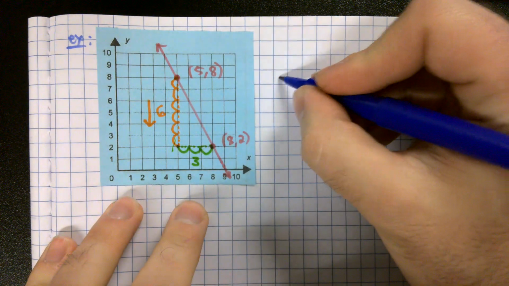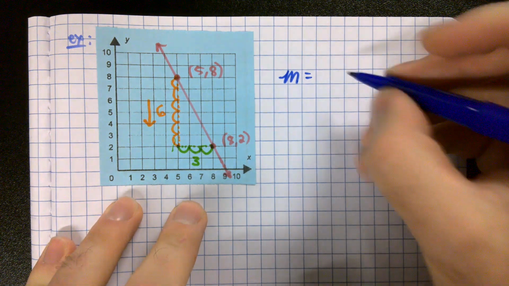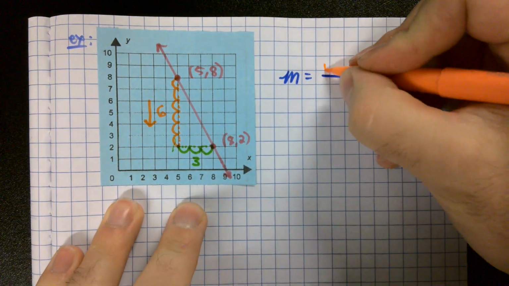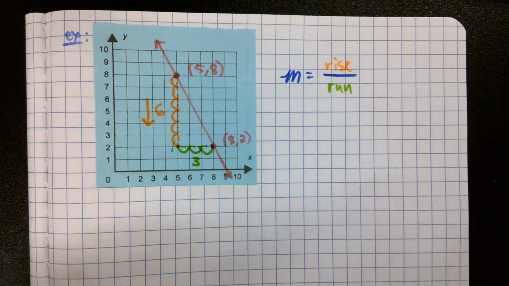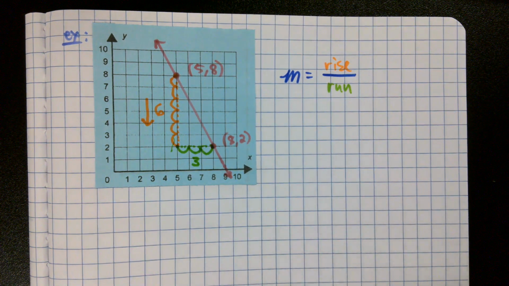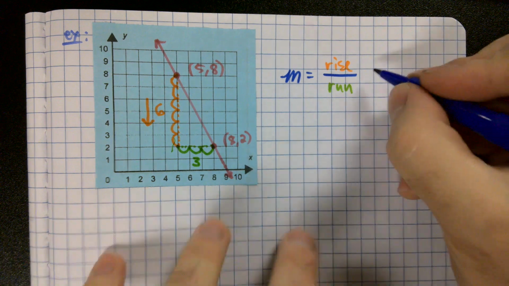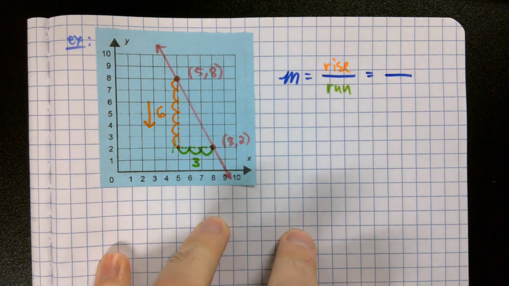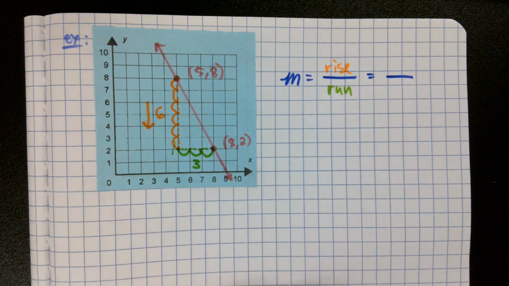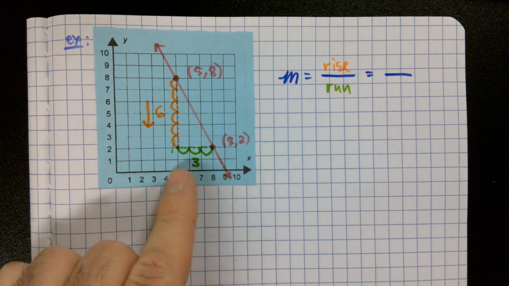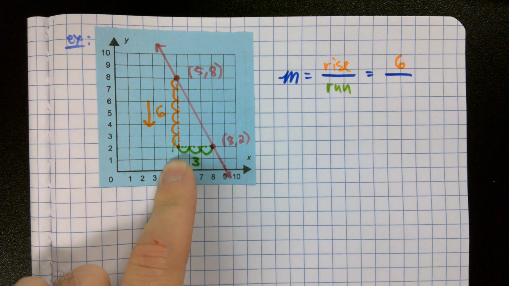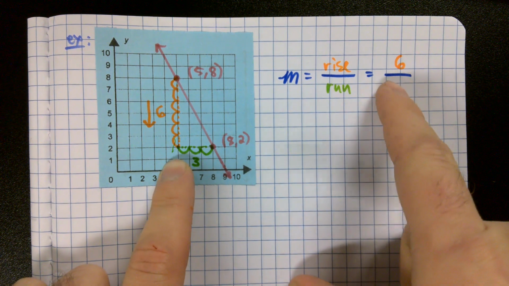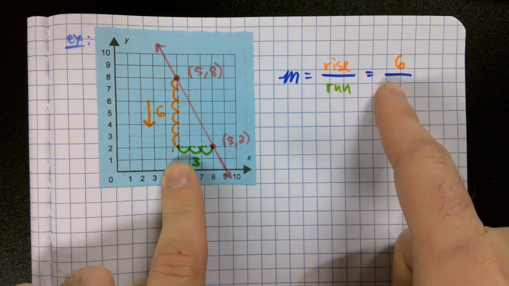So this is where we have to be careful, and this is why we're doing a second example. m is equal to our rise over run. How many units was our rise again? 6. Now, because we had to rise down, our numerator is not just going to be 6.